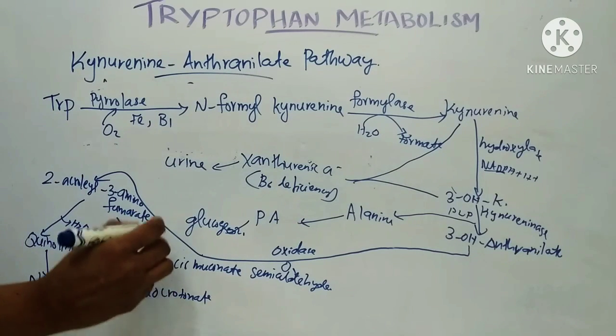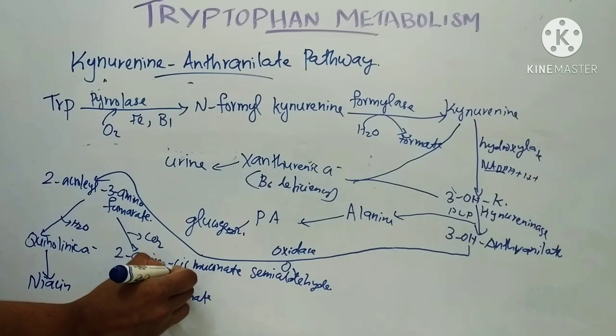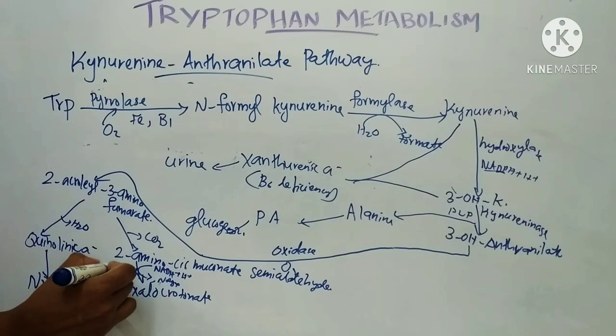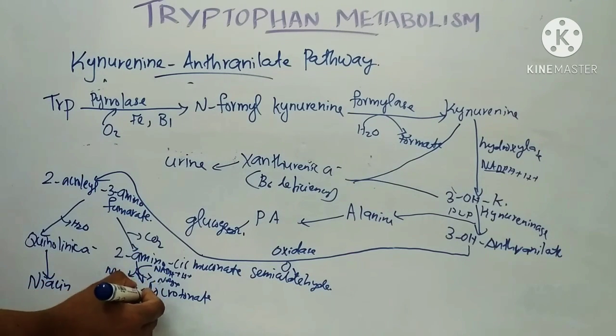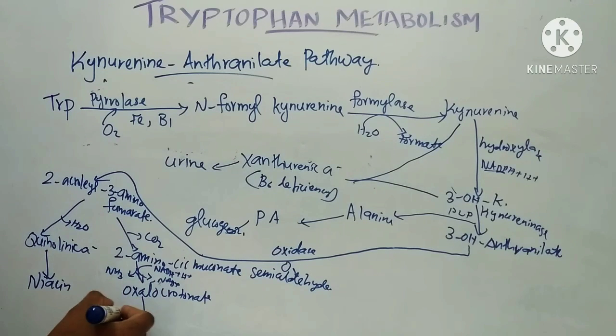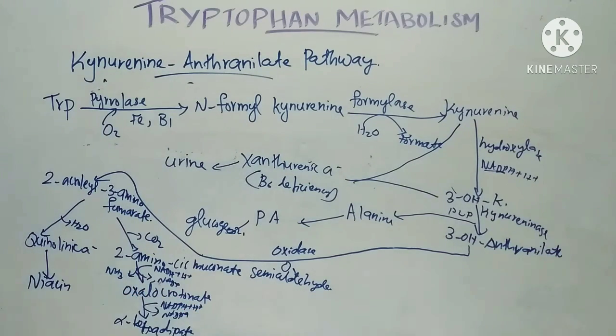Here NADH plus H plus and NAD plus are involved, and ammonia is released. This oxalocrotonate can be converted to alpha ketoadipate. Here NADPH plus H plus and NADP plus are involved.